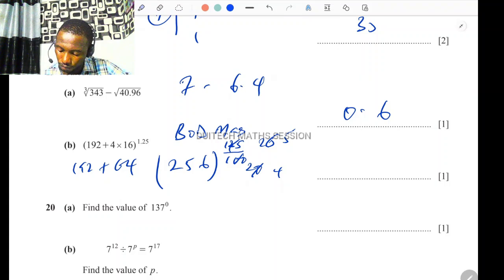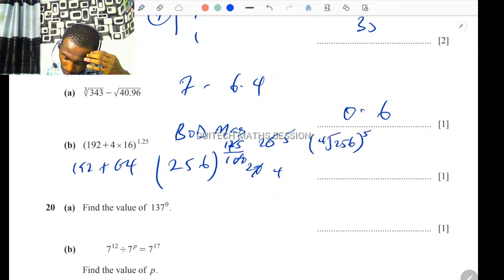So now, to find the fourth cube root of 256, and then you power it by 5.